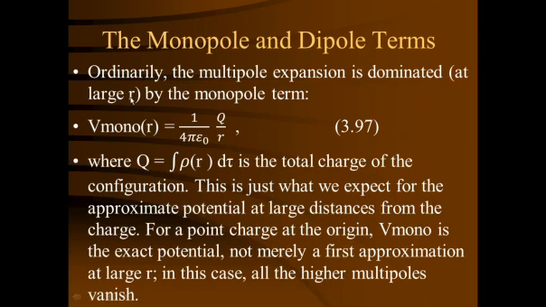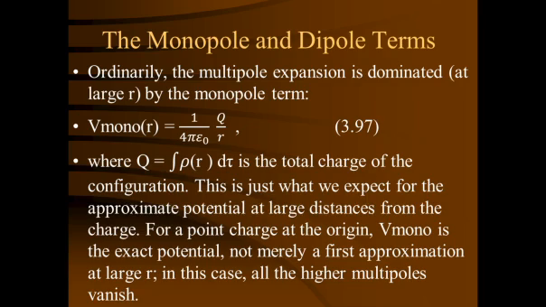So ordinarily we start with the monopole and dipole terms. Ordinarily the multipole expansion is dominated at a large distance by the monopole term. V monopole is equal to 1 upon 4 pi epsilon 0 Q upon r, decreasing proportional to 1 upon r.